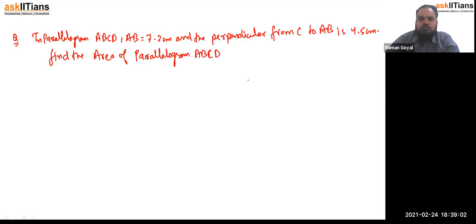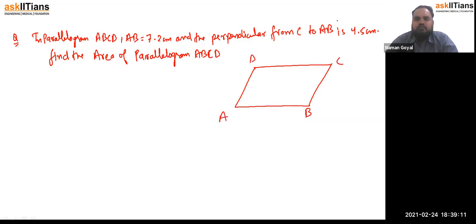Now see, there is a parallelogram like this, ABCD. In this question it is given that the perpendicular from C to AB, like this, right? We can produce this. So this height is 4.5 centimeter and AB is 7.2 centimeter.